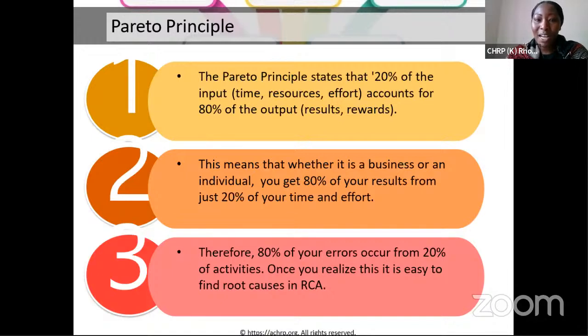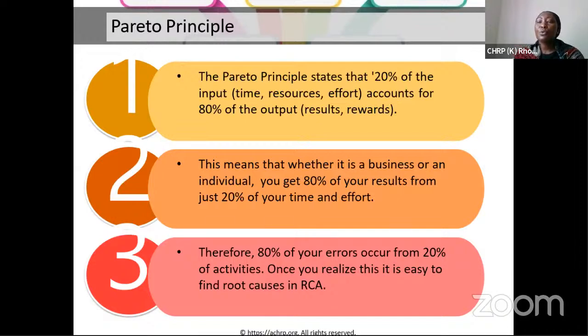So he was looking at the disproportion in terms of how the impact or the effects are not proportionate to what happens.